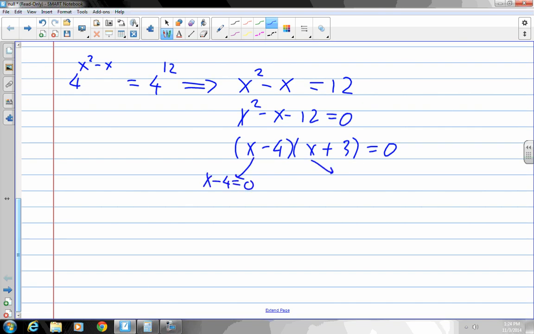Set them equal to zero. So x equals 4, x equals negative 3. So we got 2 solutions, but not because of the exponential part, because of the quadratic part of that equation. So that's okay to still have 2 solutions. Okay? Is that okay? All right. Questions on this?